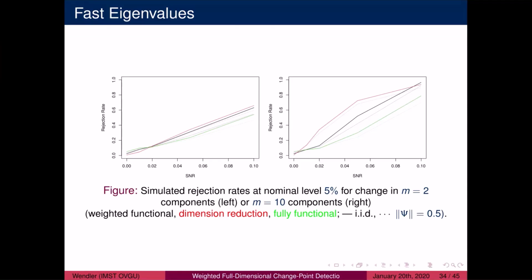Here you have it in many dimensions. And we have a fast decay of eigenvalues here. If you have a fast decay of eigenvalues, then the dimension-reduced statistic is the better one. The fully functional statistic is not so good, and the weighted functional one, the black curve, is in the middle.